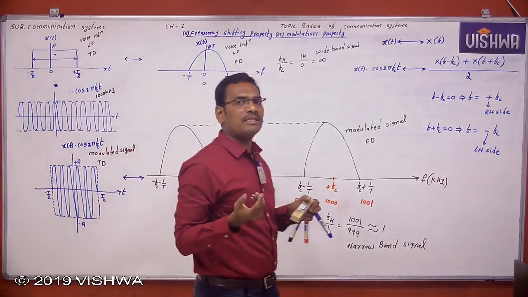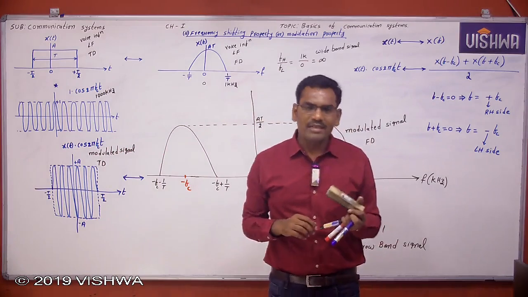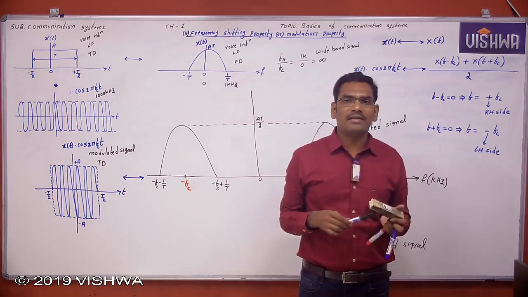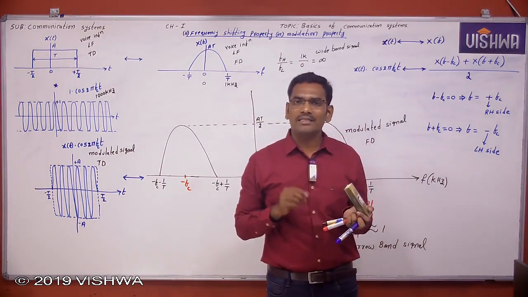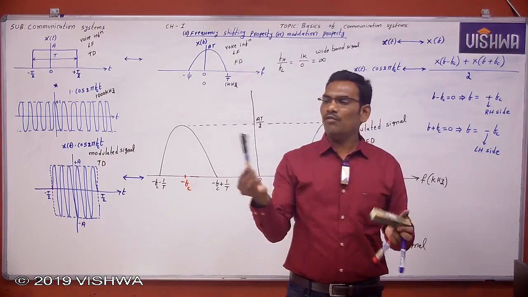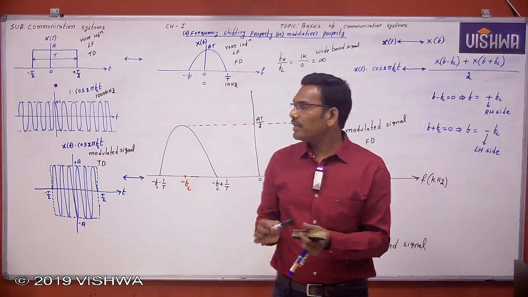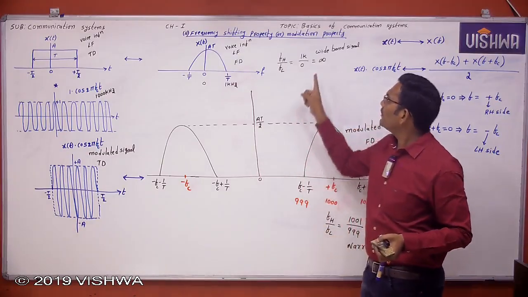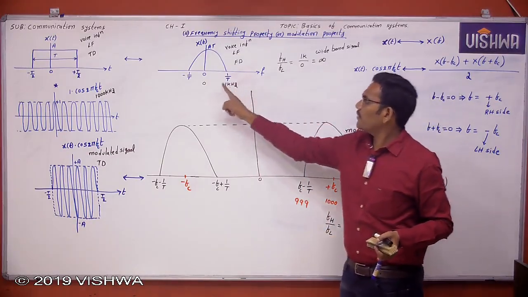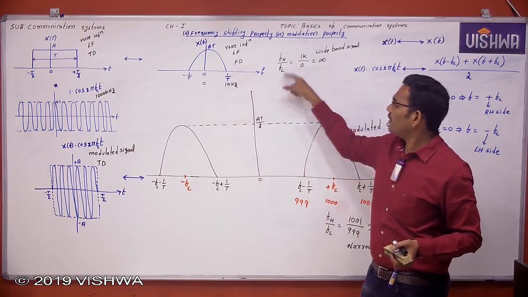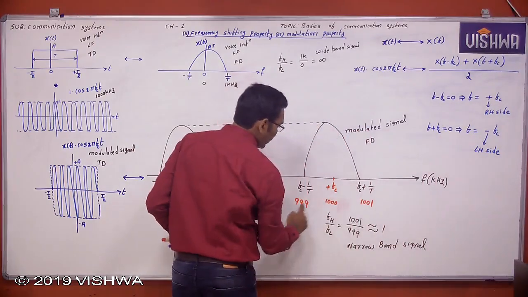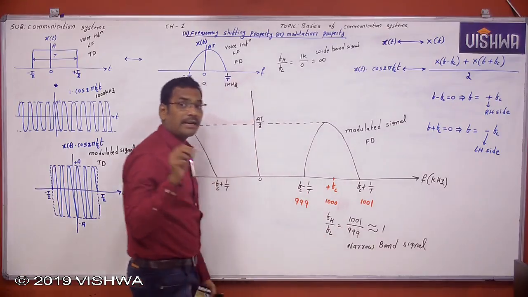The modulation is the process of converting a low frequency region into a high frequency region. It converts a wideband signal, FH by FL infinity, into FH by FL approximately 1, a narrow band signal.